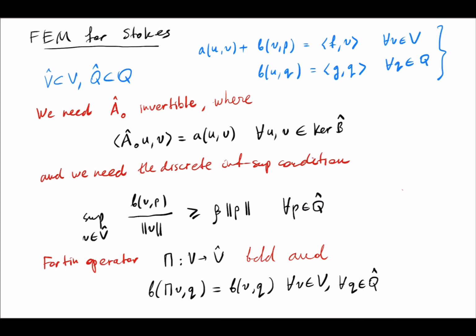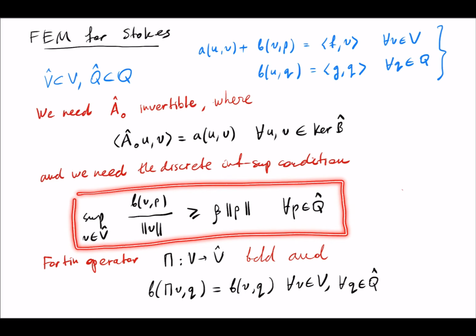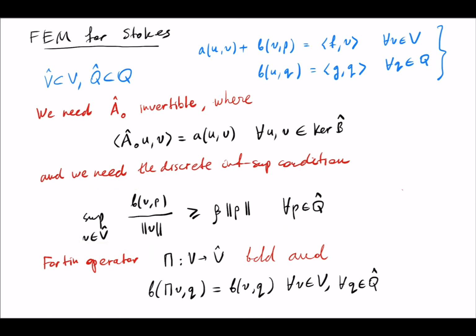And the second condition is the discrete inf-sup condition for the bilinear form B, and we know that it's equivalent to saying that the transpose of the discrete operator B hat is bounded below.